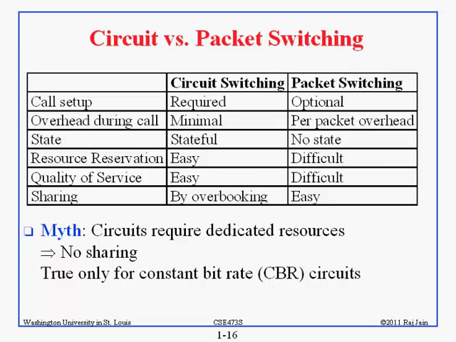Quality of service is very easy to do on circuit switching, very difficult on packet switching. Sharing is very easy on packet switching, slightly difficult on circuit switching. I think this is different from the book, because the book says that you cannot do sharing, or something like that, but it is possible to share here. For example, overbooking is what is done in the phone company or in airlines.